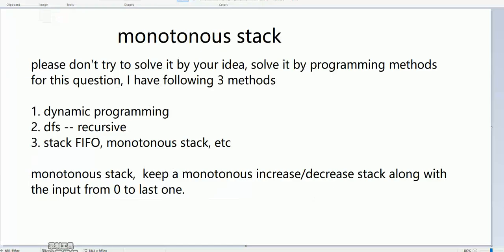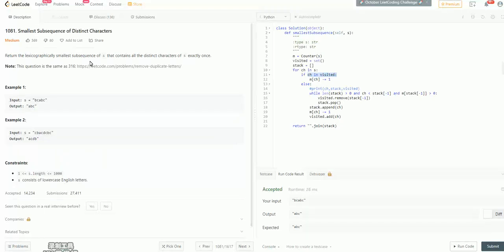Let's give an example, taking this one for this question.